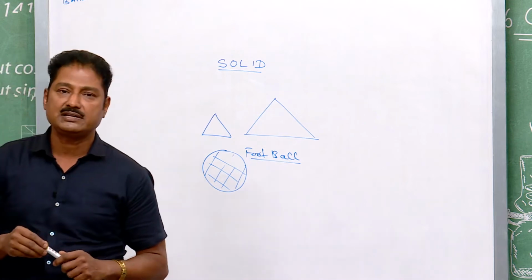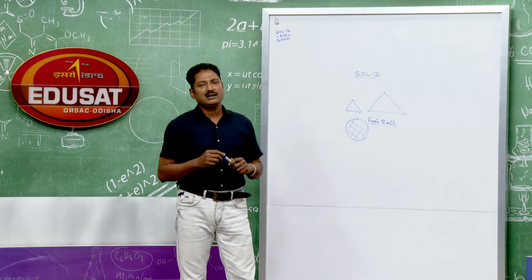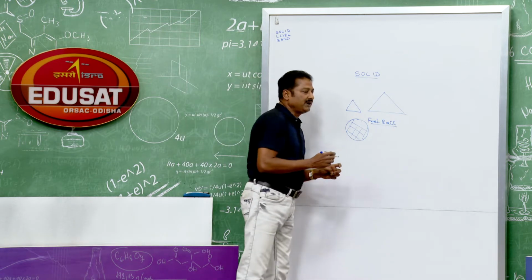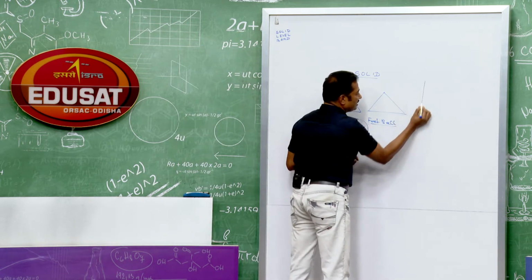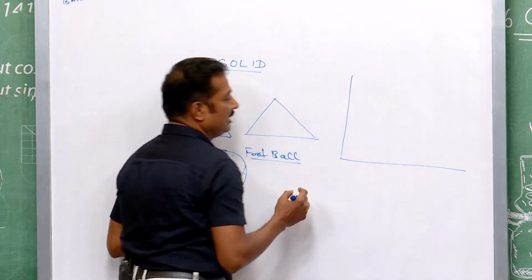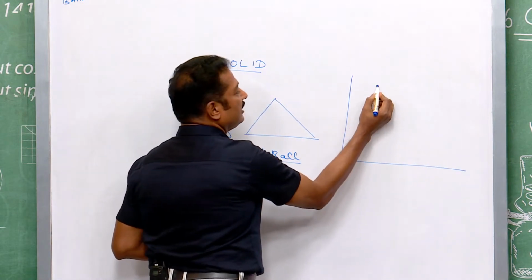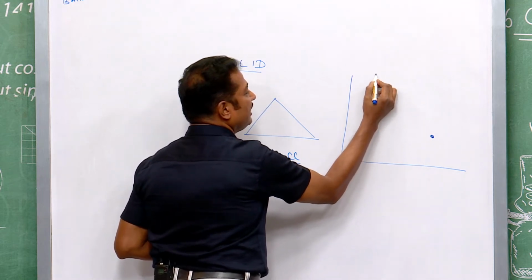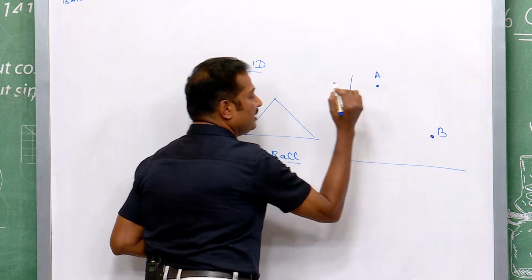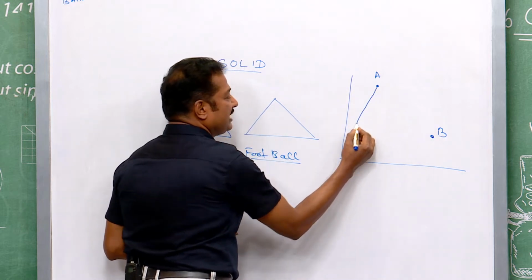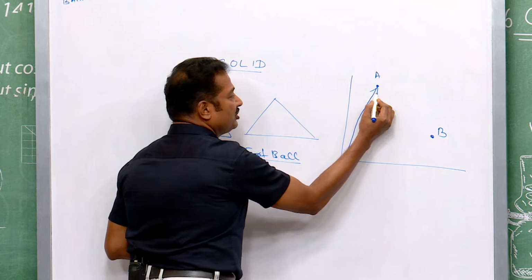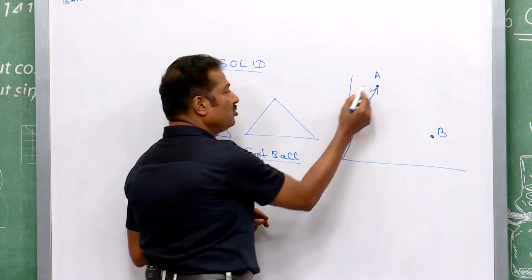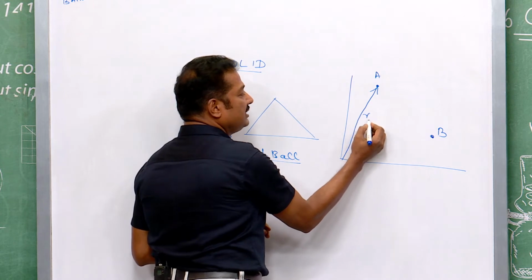So, these are two characteristics, and if I mathematically, or in geometry, define what is solid, I can define it this way. Suppose this is your axis and in the solid I consider two points, one is point A and another is point B. As the points have a position, I can assign a position vector to point A, let it be R i.